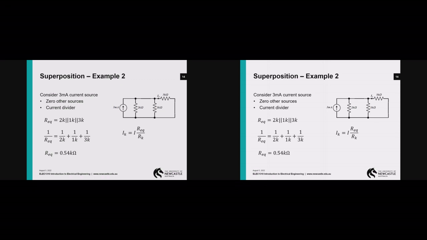And again, I know I've said this before, but hopefully you can see where that formula comes from, because I times the equivalent resistance tells you the voltage across the parallel branches, divided by RK, and it tells you the current in the kth branch. So we whack in some numbers. 3 milliamps times 0.54 divided by 3 gives us 0.54 milliamps due to the 3 milliamp current source.